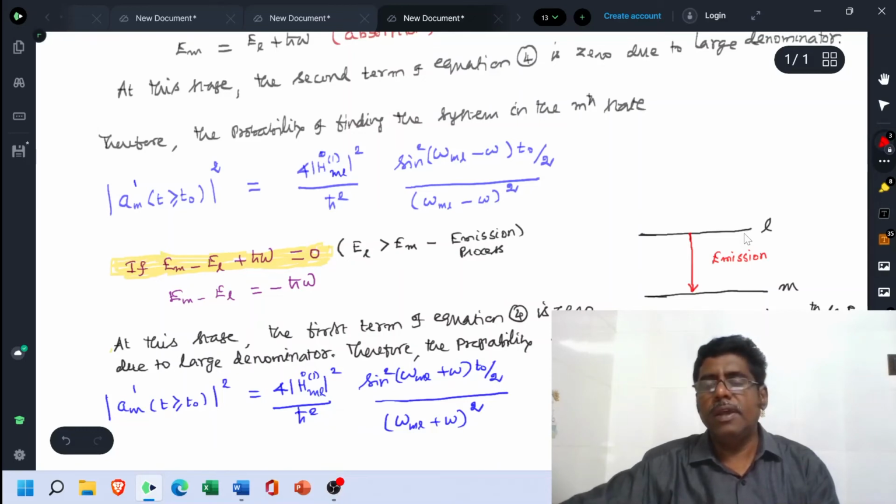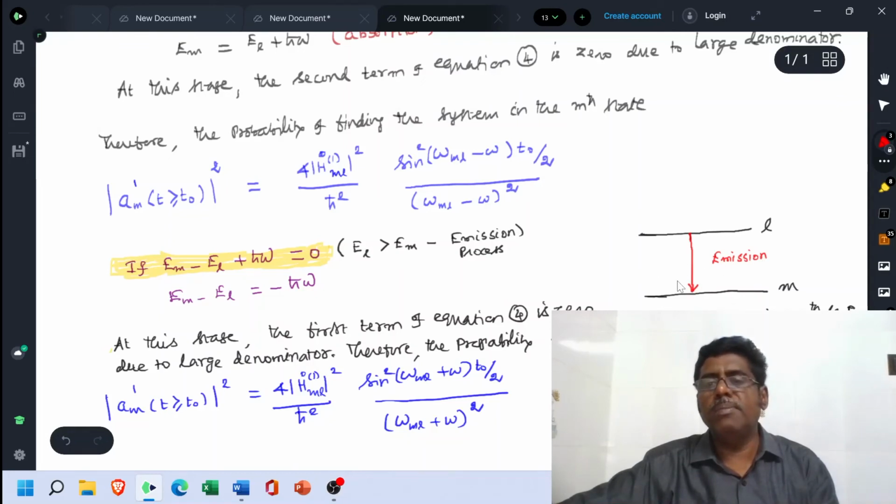See here, the lth state is above the mth state. The transition to the mth state is explained by emission, which means that the atom in the excited state comes to the ground state by way of emission. So the perturbation induces the emission here.